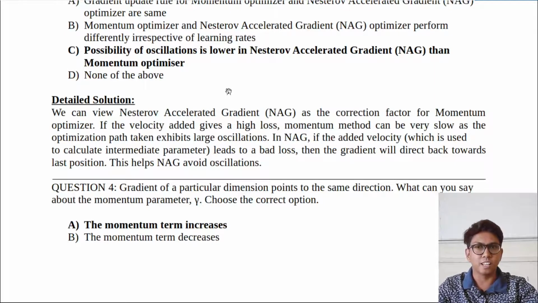Question number 4 is, if the gradient of particular dimensions points to the same direction, that is, gradient and parameter directions are the same, then what can you say about the momentum parameter gamma? Choose the correct option. The first option is the momentum term increases. Option B is the momentum term decreases.